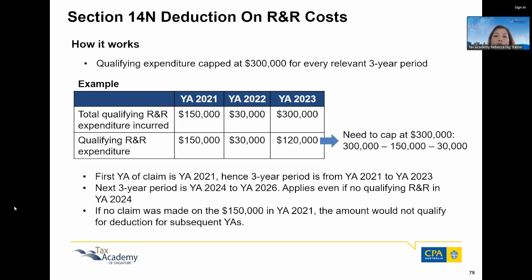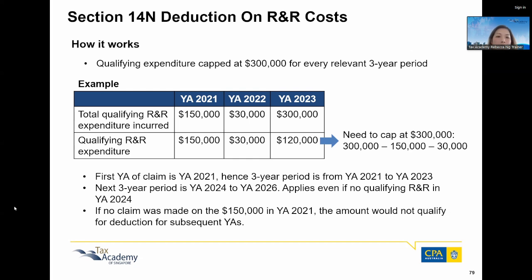Qualifying expenditure is capped at 300,000 for every 3-year period. So the first step is we identify the qualifying expenditure for each year, based on the earlier 2 slides on what is qualifying and what is non-qualifying.